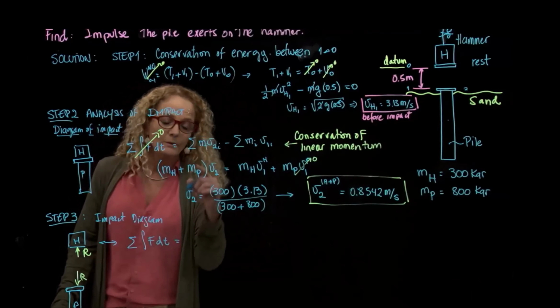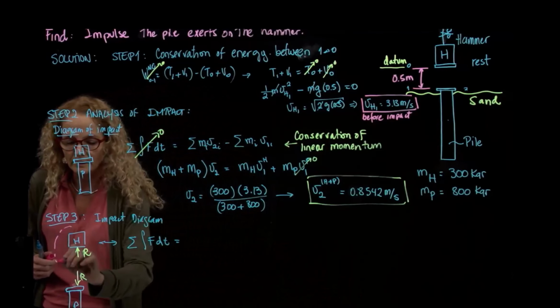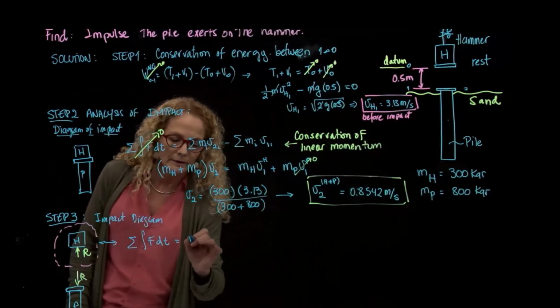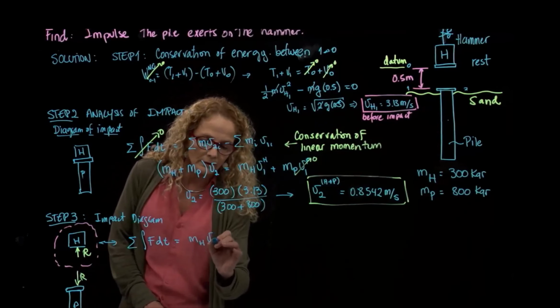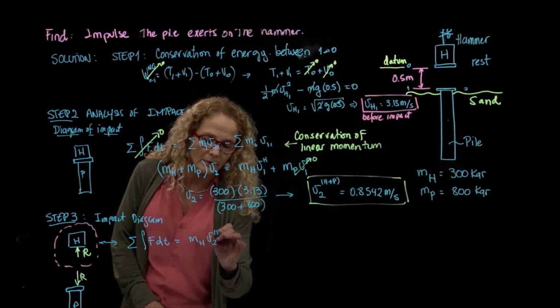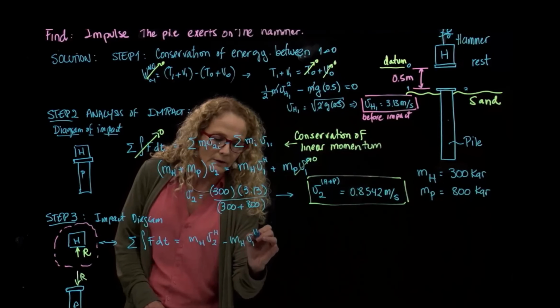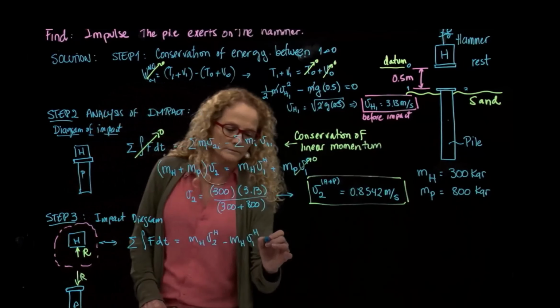And that will be equal, since I am taking into consideration only this diagram, to the mass of the hammer, velocity 2 of the hammer, minus mass of the hammer, velocity 1 of the hammer. And that will be that reaction that I'm looking for.